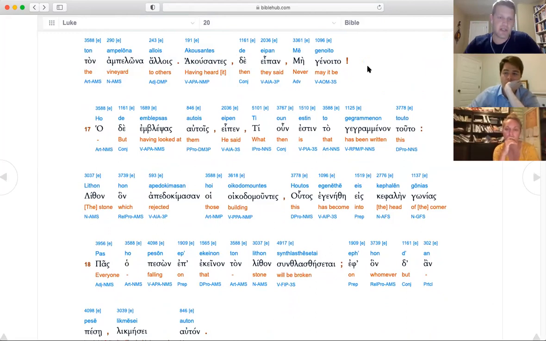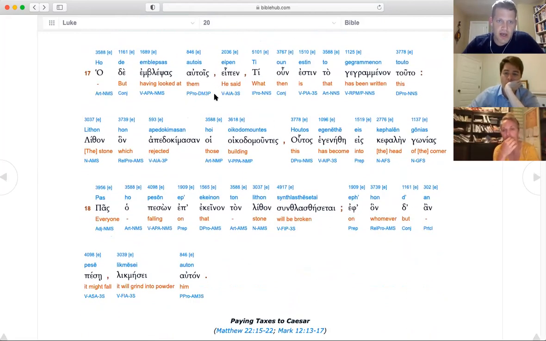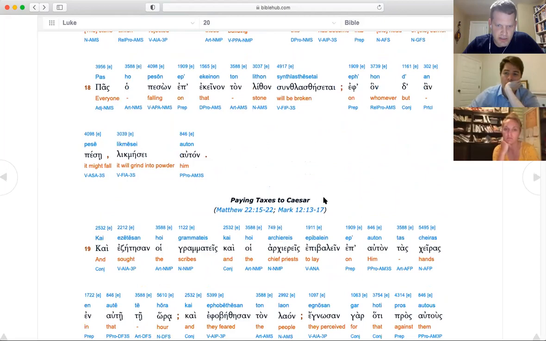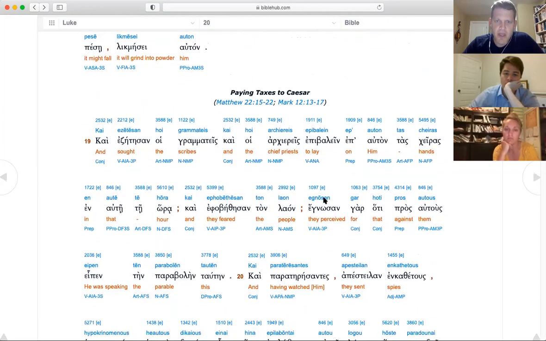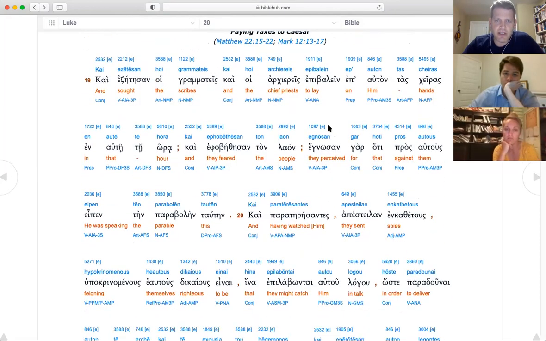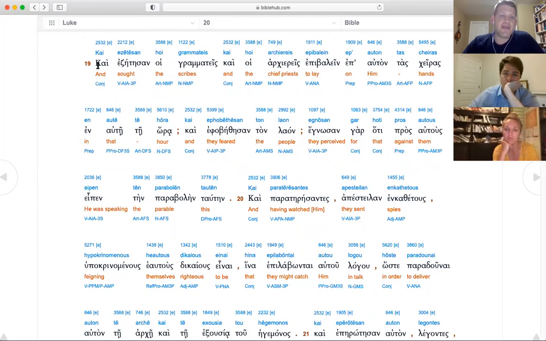And they understand this, Luke says, right here. Oh, that's funny, this text breaks it up for some reason. Sorry. Okay, and then the grammarians and the chief priests were seeking, nice infinitive, to lay hands upon him.